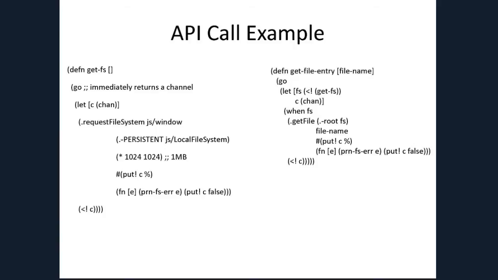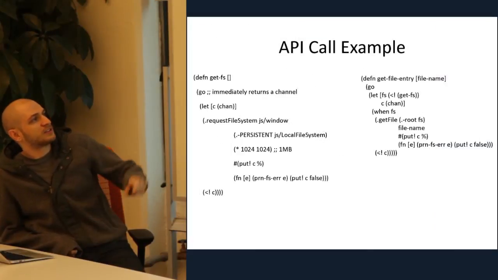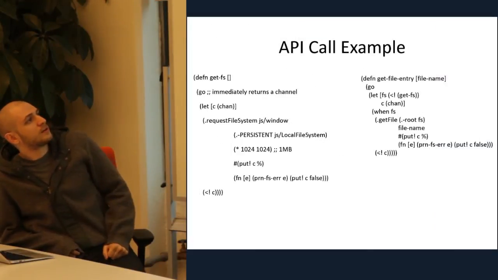And so the function on the right now will use the function on the left, getFS. Again, it has to be inside a go block, because we're now in the async world. Inside the let on the right, we call getFS and bind it to fs.